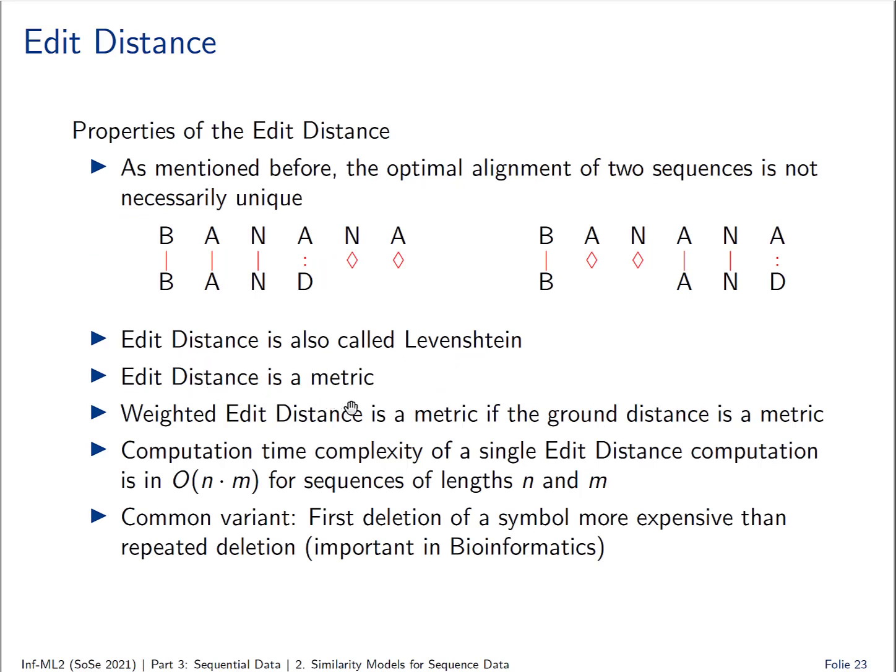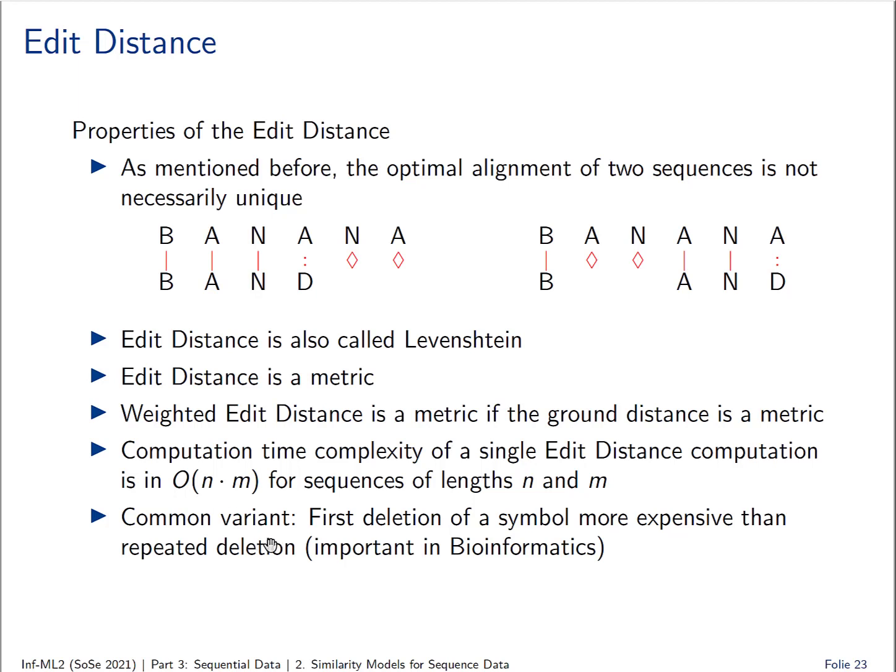The edit distance is a metric, which is, as we already mentioned, sometimes nice, sometimes just forget about it. But anyway, the weighted edit distance is also a metric if the ground distance is a metric. You can prove that. We don't do that, but anyway. Computation time complexity of a single edit distance computation is O of n times m for sequences of length n and m. With dynamic programming, space complexity is the same, but that's good.